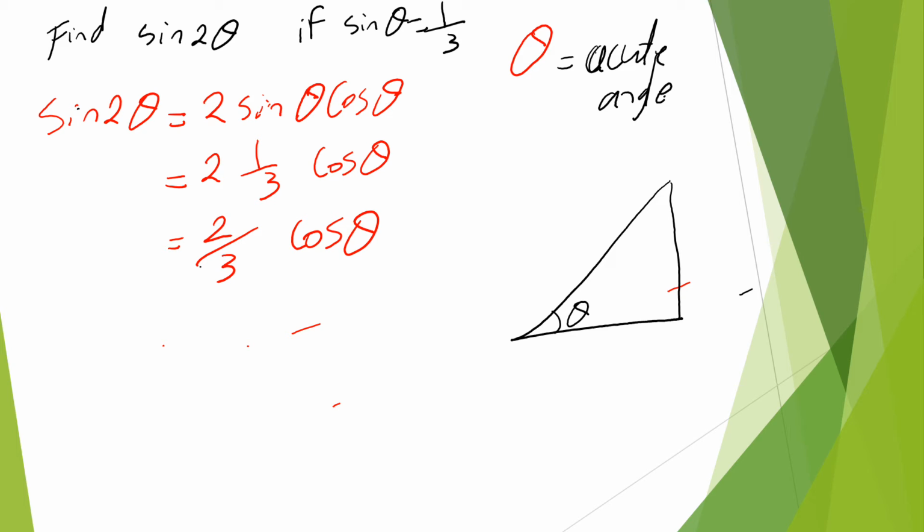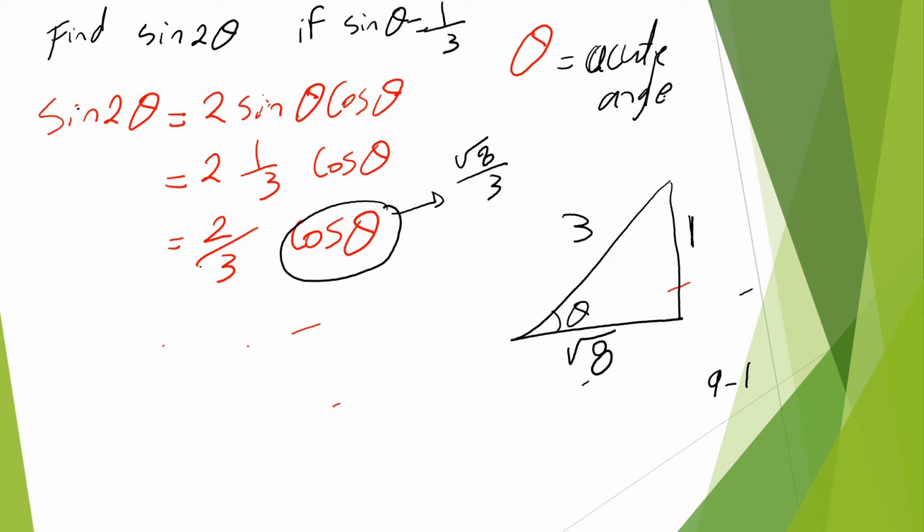So sine is opposite over hypotenuse. Using Pythagoras, the adjacent will be 9 minus 1, so square root of 8. So the cosine for theta is square root of 8 over 3.